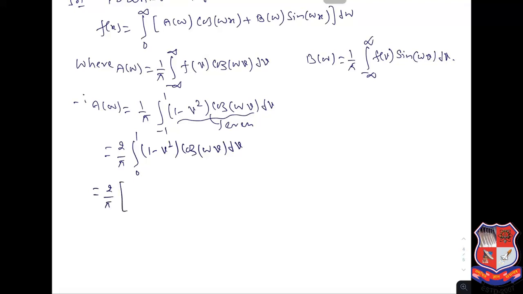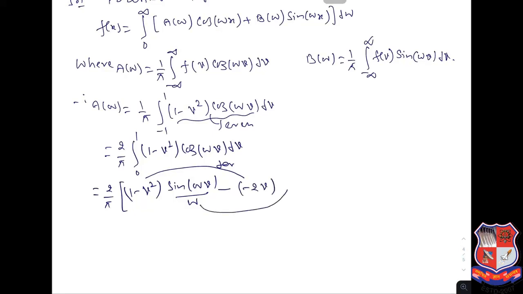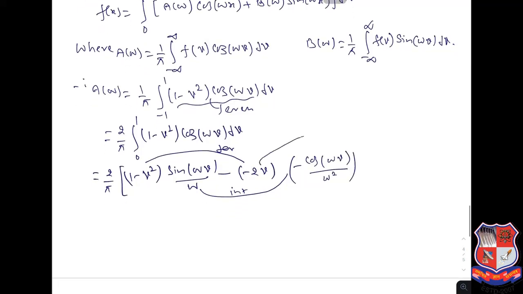Now we take integration by parts. So we keep 1 minus v square as it is, integration of cosine, so that is sine omega v over omega. Then minus, here the derivative is minus 2v, and the integration is minus cosine omega v over omega square.